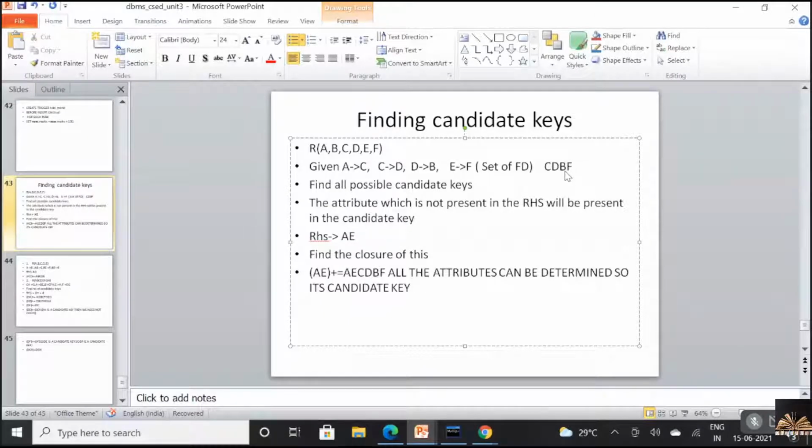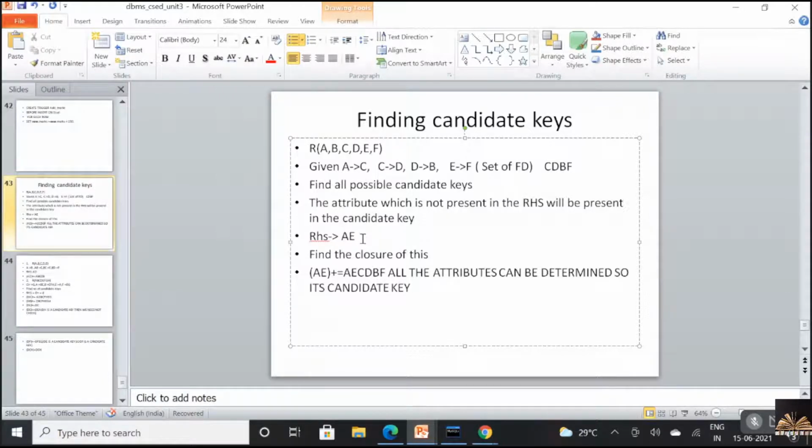What is missing from the given set of attributes is A and E. Looking at all these 6 attributes, there are 2 that are missing: one is A, the other one is E. So I've written that over here. Now, the attributes not on the RHS are AE.